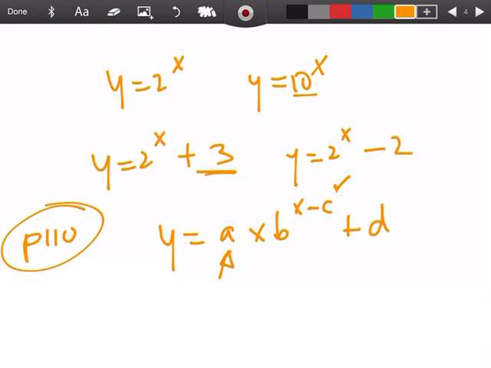The same goes for different b's and different d's. Based on those little changes, it shifts your function a little bit, which allows you to draw sketches pretty quickly. That's all you're going to do, practice drawing some sketches. And one cool thing they introduce is that if you have a pretty good sketch, you can solve some basic equations just by reading the sketch.